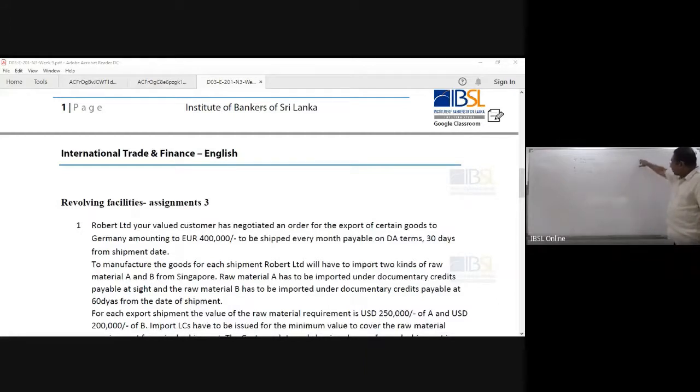So in real life, it doesn't happen, na? In real life, the time that the export is done, the export documents are not given to the branch or the bank. It will take some time. Here we make an assumption: the day or the time that the export is done, export bills are purchased by the bank.